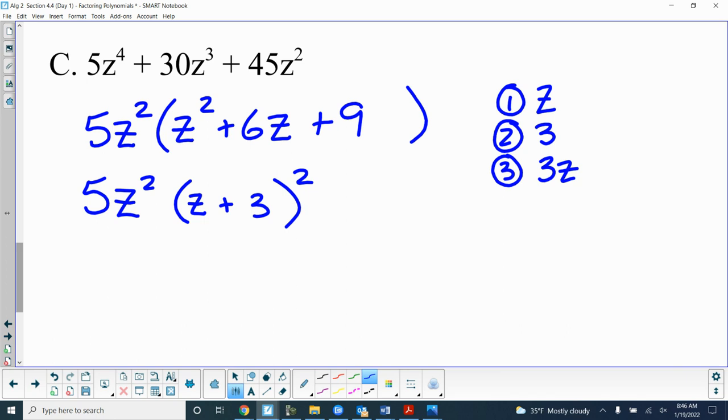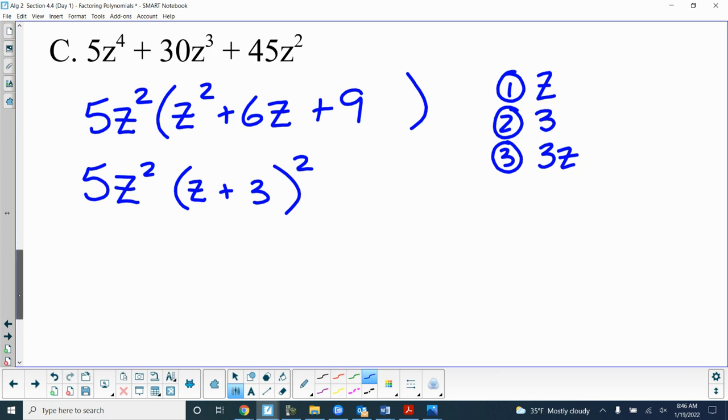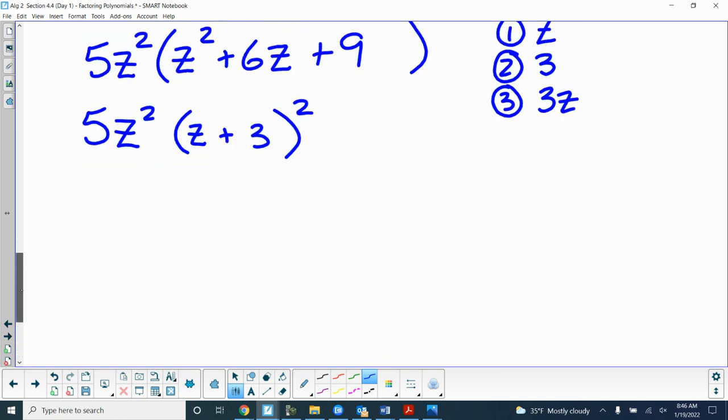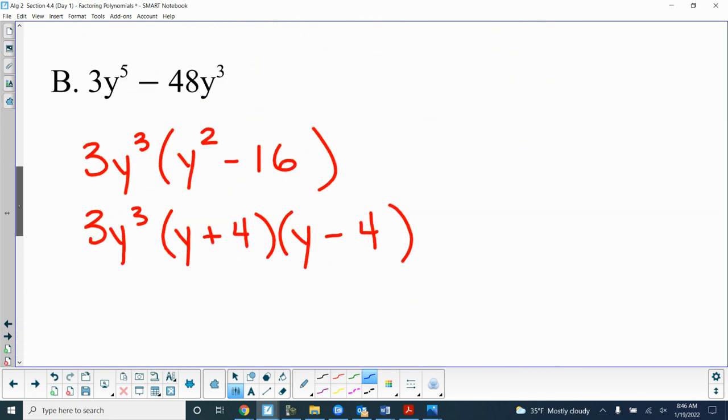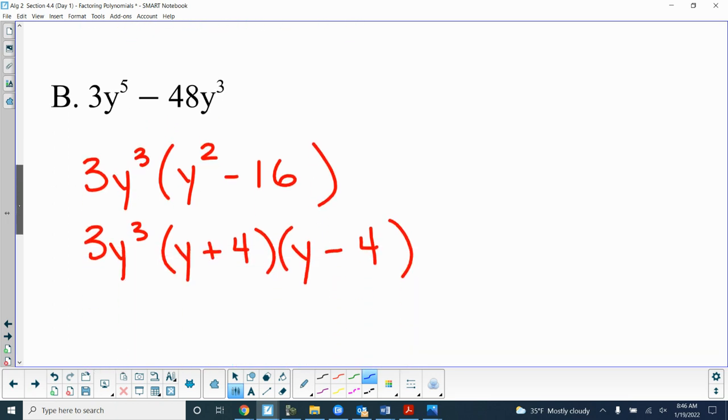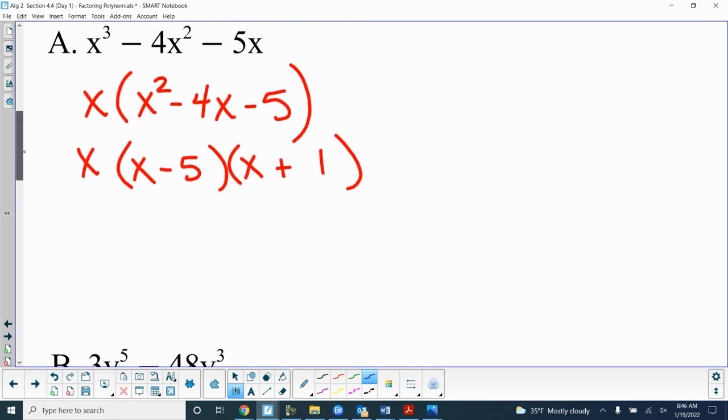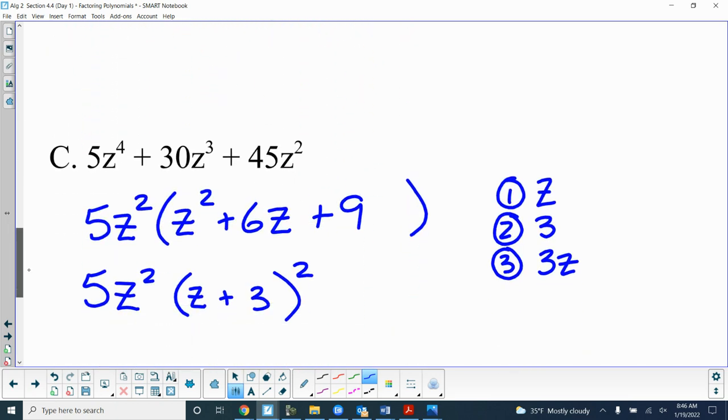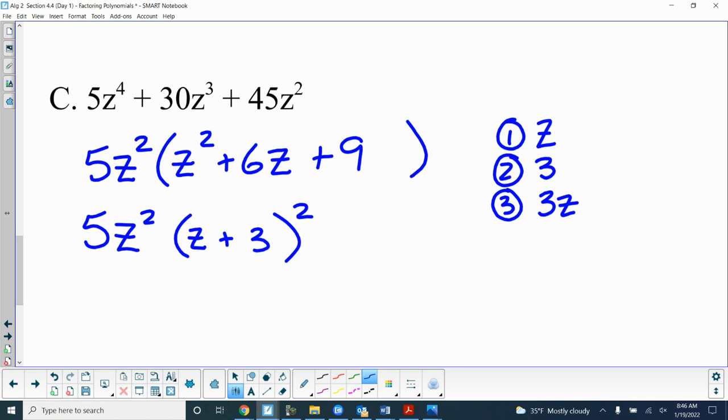You should always check for that first. Will all of them have a GCF? No. But always look first, okay? All right. Any questions on, we had a difference of squares there, we had a regular trinomial, and we had one of those perfect square trinomials. Good so far?